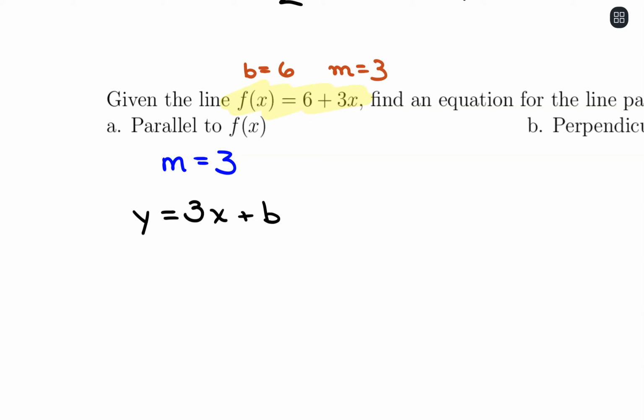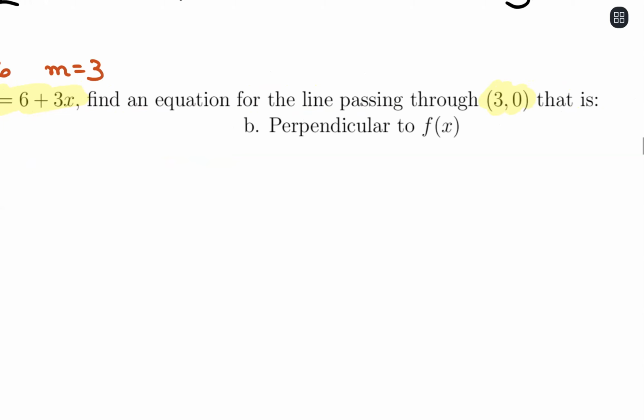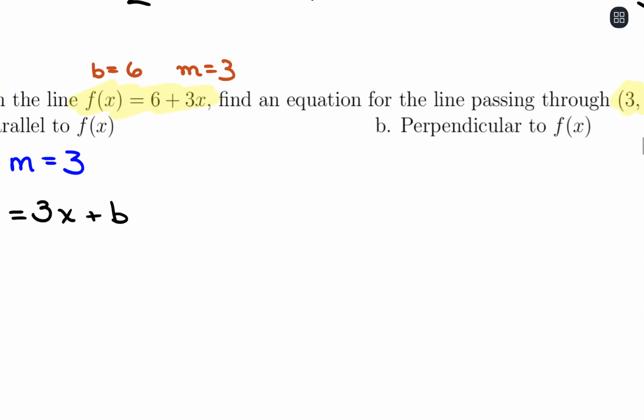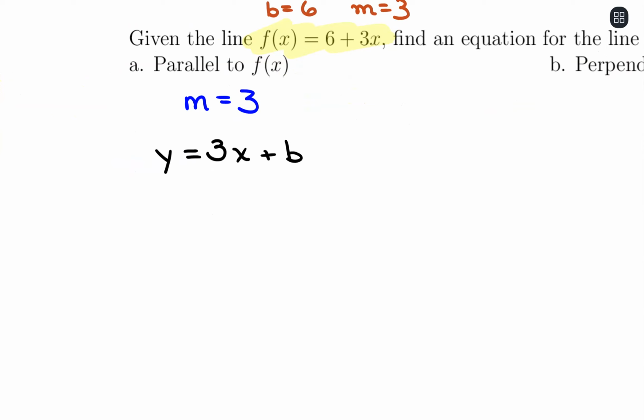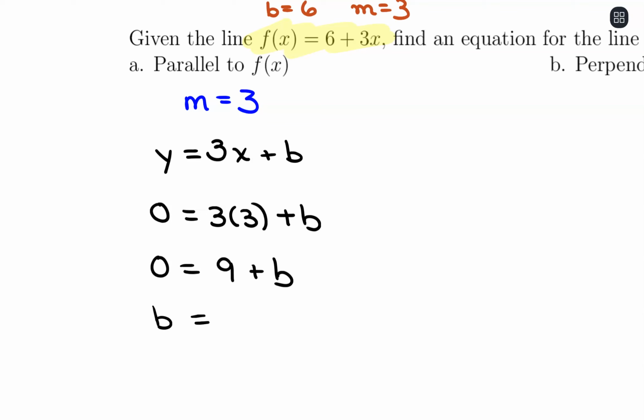I know the line should pass through (3, 0), so I'm going to plug that coordinate in: 0 where y is, 3 where x is. So 0 equals 9 plus b, so b equals -9.